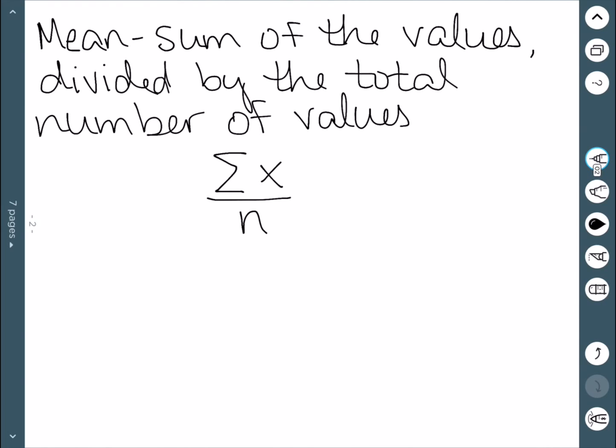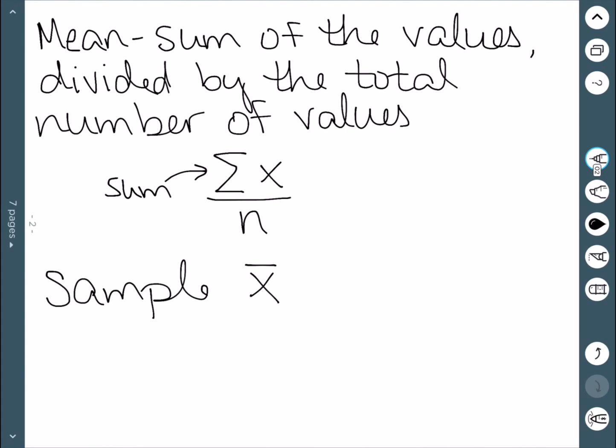Now that we've defined those, we can actually define the mean. The mean is defined as the sum of the values divided by the total number of values. And this right here is the formula. This sigma right here means sum, so it means add up all of your data values, and n is the number of data values that we have.